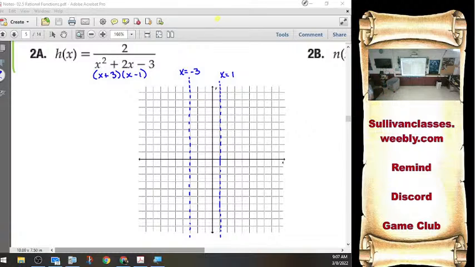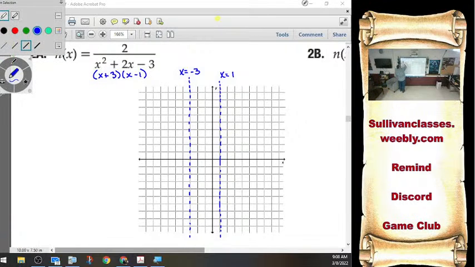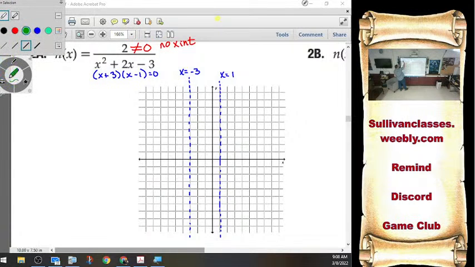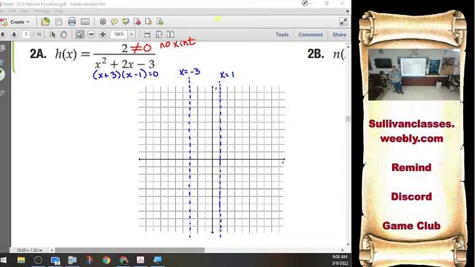Start with your vertical asymptotes. I don't see any x-intercepts because I have 2 does not equal 0.